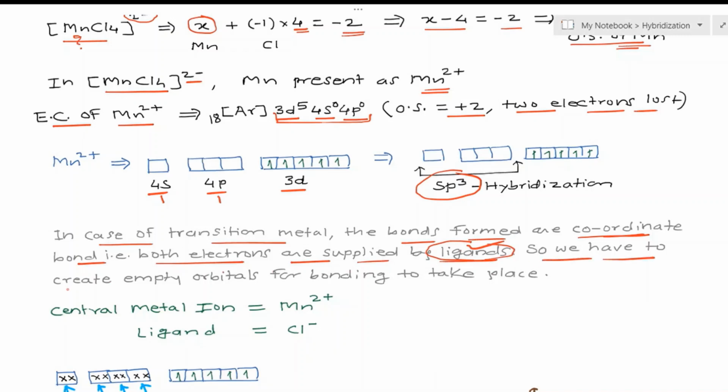Both the electrons required for bond formation are supplied by the ligand. So we have to create empty orbitals for bonding to take place in transition metal complexes. In other examples, for example CH4, we have to create unpaired electrons. Carbon forms 4 bonds, so we have to create 4 unpaired electrons. But here, as it is a transition metal complex, we have to create empty orbitals. 4 bonds or 4 ligands are there, so you have to create 4 empty orbitals.